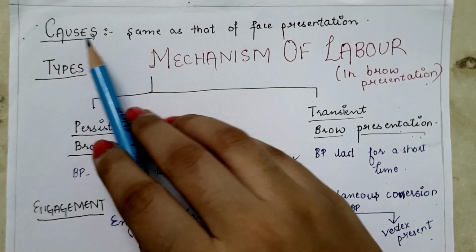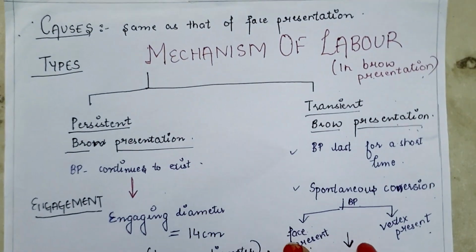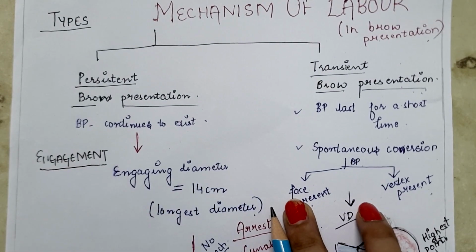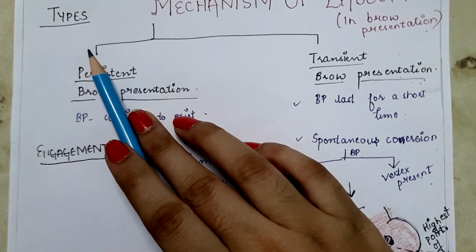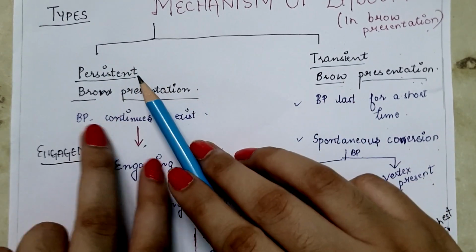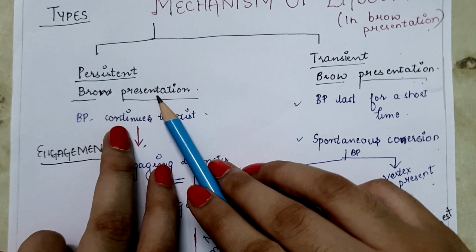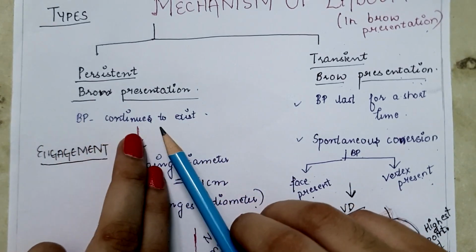Next are the causes, which are the same as those of the face presentation, which I discussed in my previous video. Next are the types of brow presentation. There are 2 types. First is persistent brow presentation, meaning the brow presentation continues to exist.